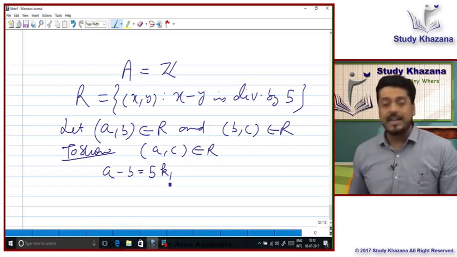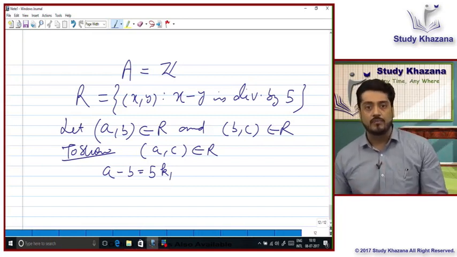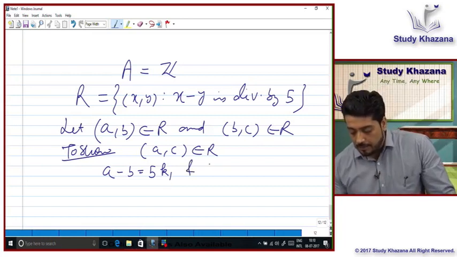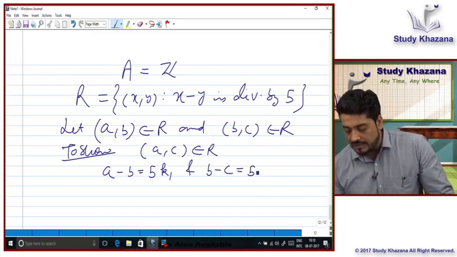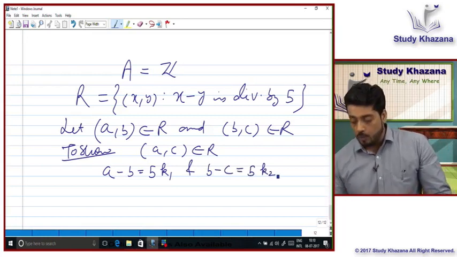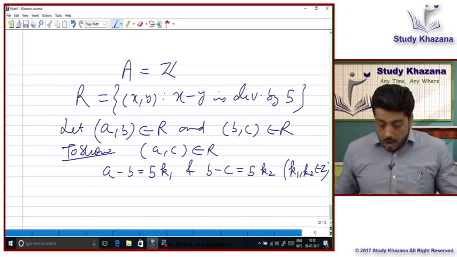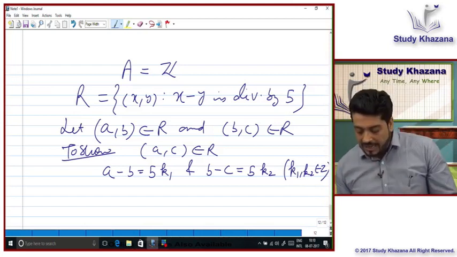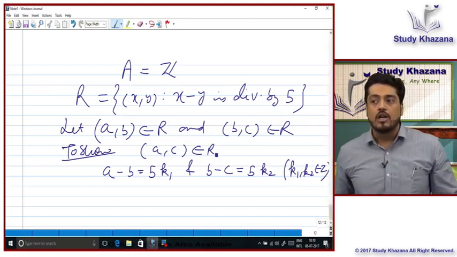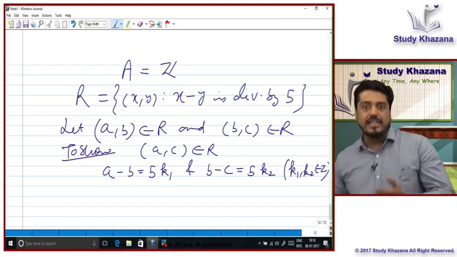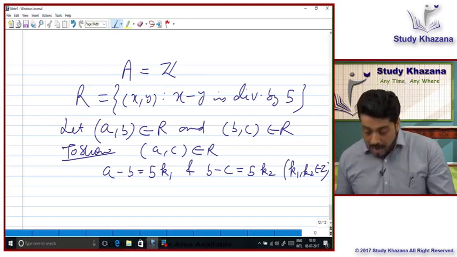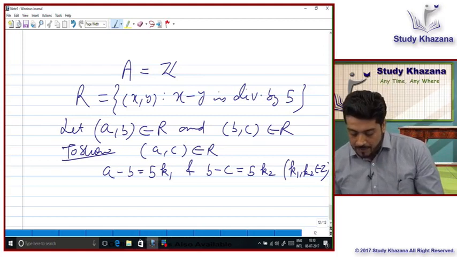Let us denote a minus b is equal to 5 times k1. Again, by the same argument, b minus c is also equal to 5 times k2. What are k1 and k2? They are integers. Now, what I need is that (a, c) should belong to R. So my requirement is that a minus c should again be a multiple of 5. How to get a minus c from the given conditions?